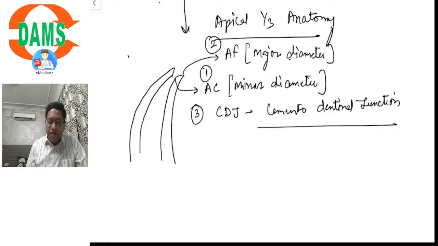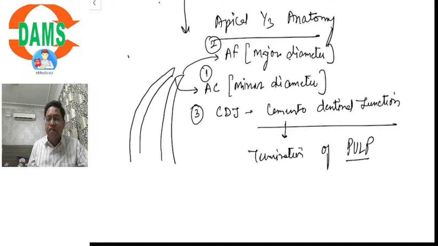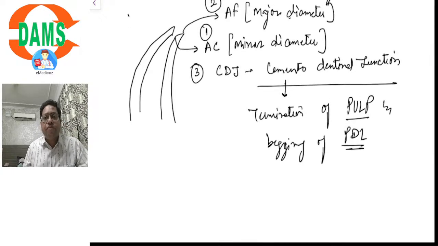See, in the root canal, there is pulpal tissue. When the pulpal tissue ends somewhere near the apical constriction and apical foramen, there is the beginning of the PDL. So what is the cemento-dentinal junction? It is the termination of the pulpal tissue present in the root canal and the beginning of the PDL in the periodontium.